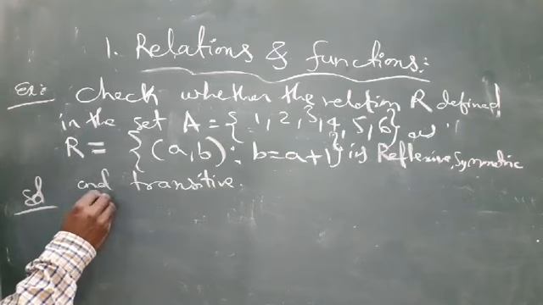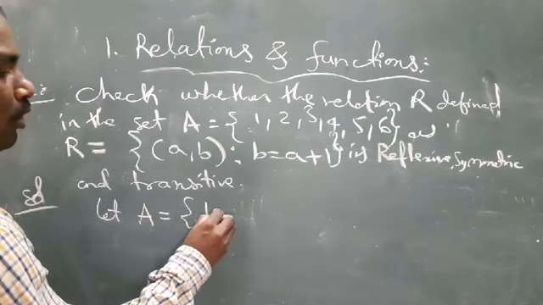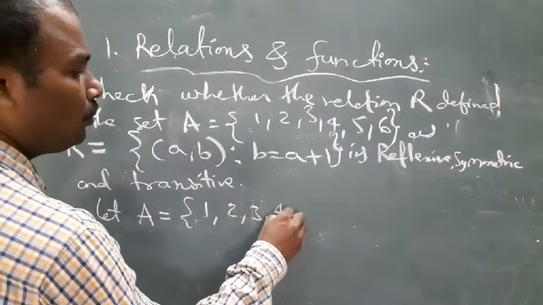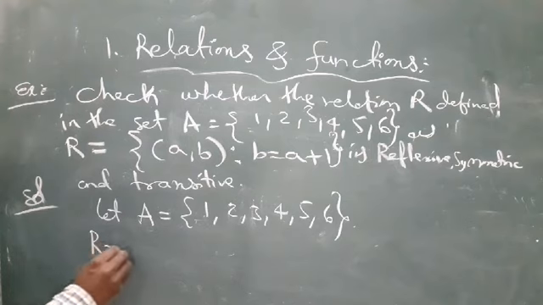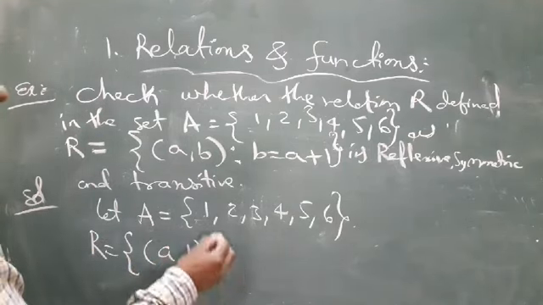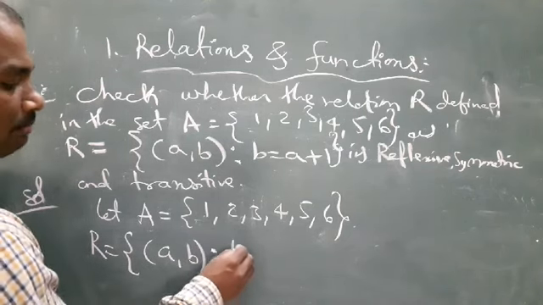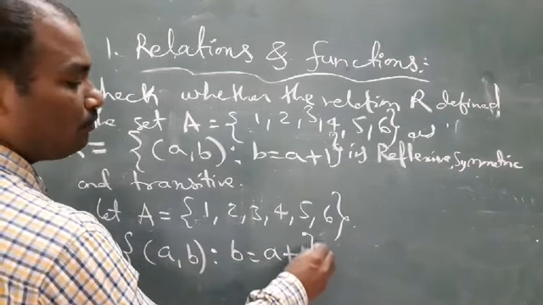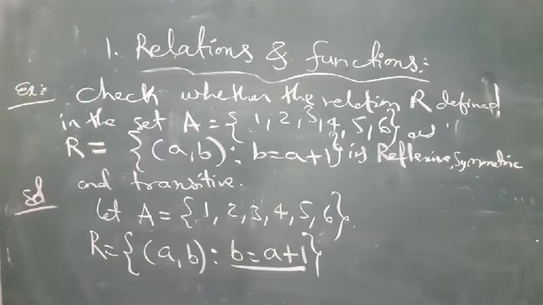Very clearly, let A = {1, 2, 3, 4, 5, 6} and you can create the relation. What is the relation? R = {(a, b) such that b = a + 1}. Just create the relation.